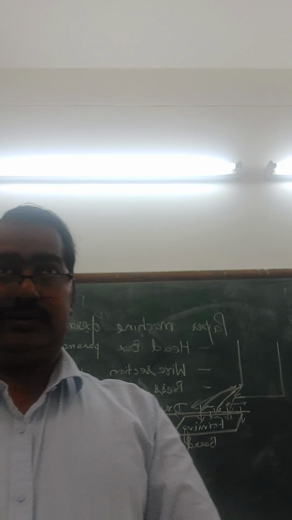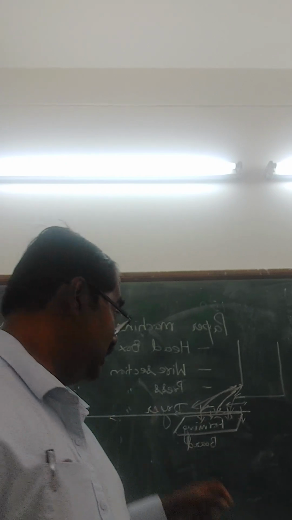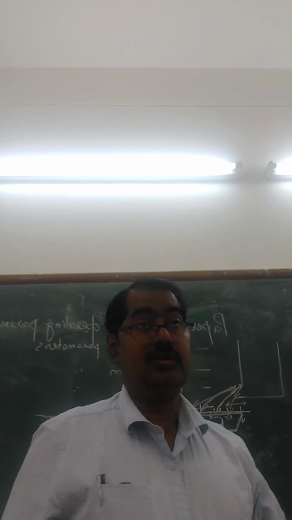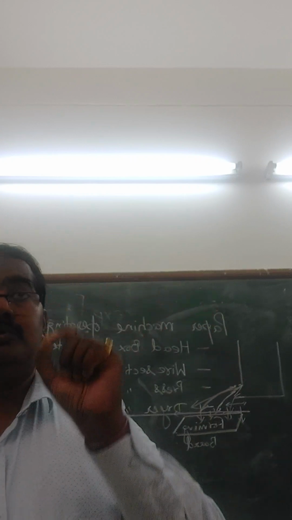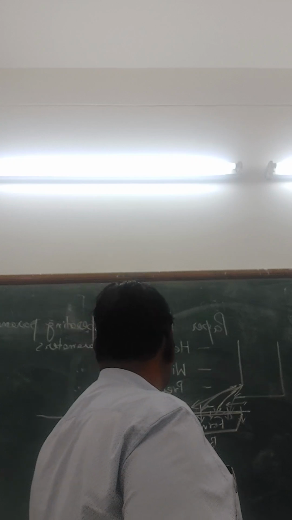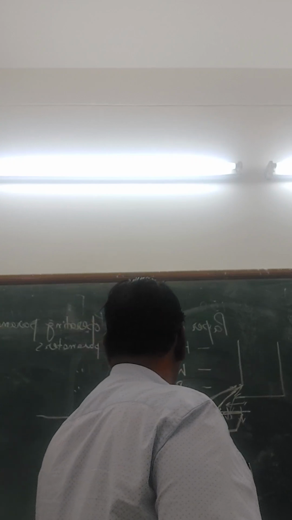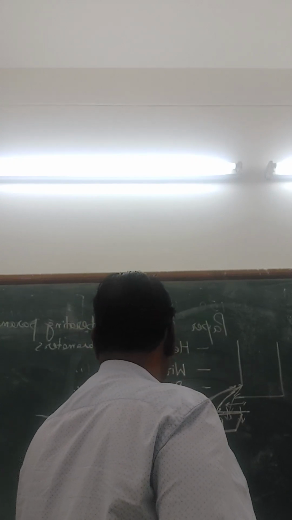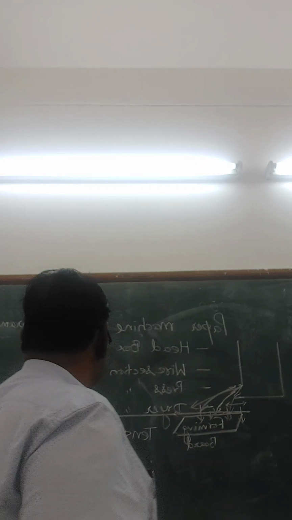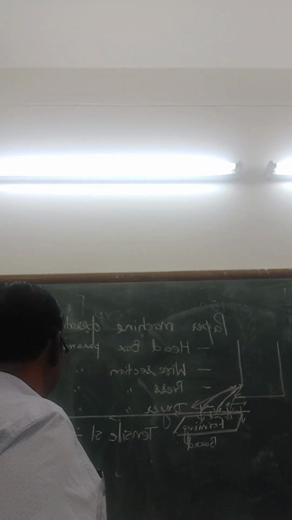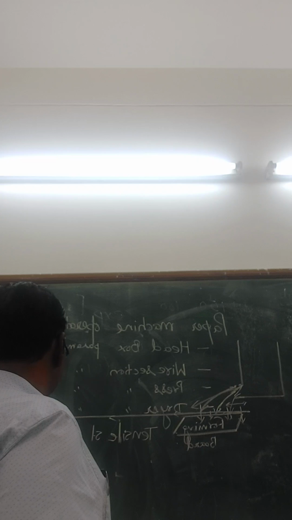Are you getting the point? And by adjusting this, we can control different important qualities of the paper. The first one is the tensile strength. Basically, tensile strength is measured both in the wire direction as well as in the cross direction.